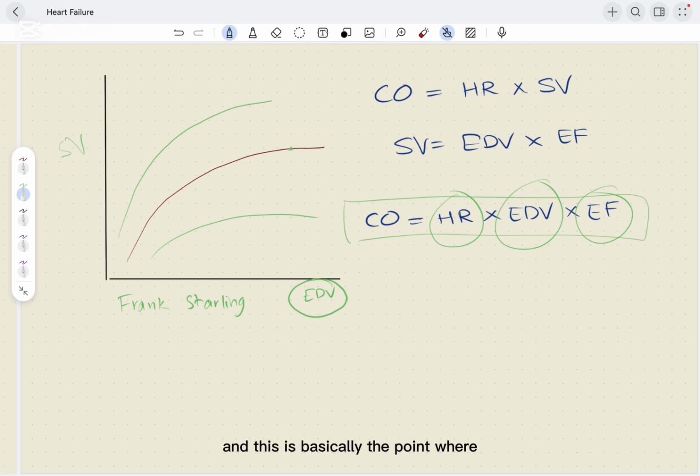And this is basically the point where if you increase your end diastolic volume, the stroke volume does not get affected and the sarcomeres start to get stretched, and they basically get themselves aligned abnormally, and after a point it can also cause systolic dysfunction. So repeated exposure to increased end diastolic volume can cause myocardial hypertrophy, because as I said, the sarcomeres keep rearranging themselves, and it can lead to a stiff, non-compliant heart.